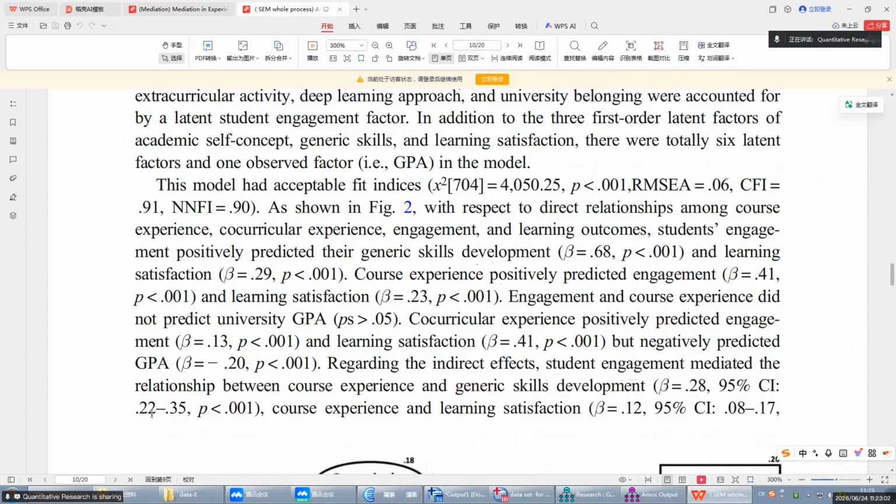The analysis I shared with you is only the threshold, the minimum. We have many other data analyses. They can reveal many complex relationships, like multi-group analysis, multi-level analysis, cross-sectional data analysis, many data analyses.